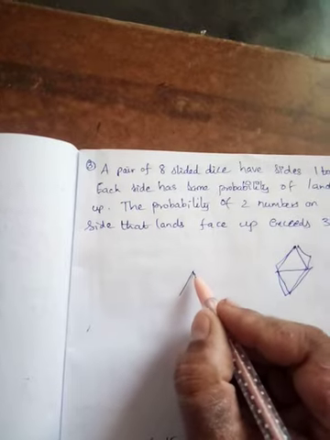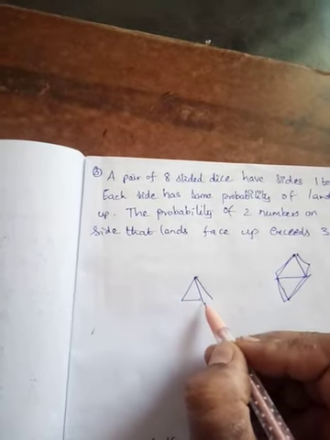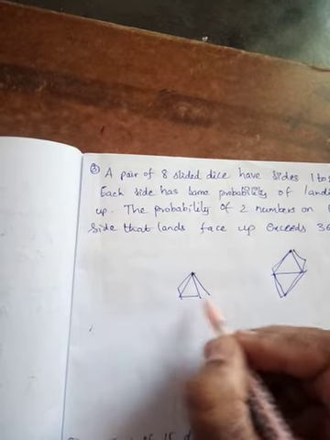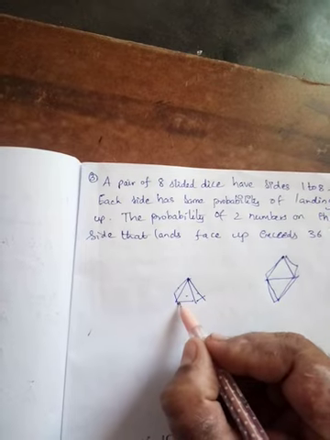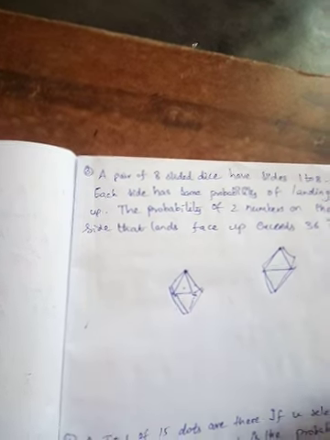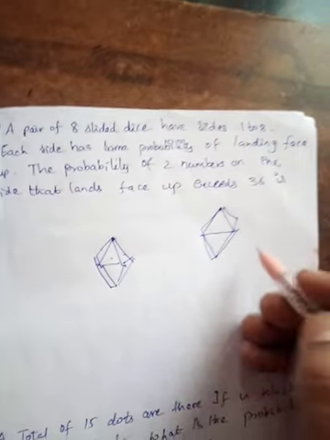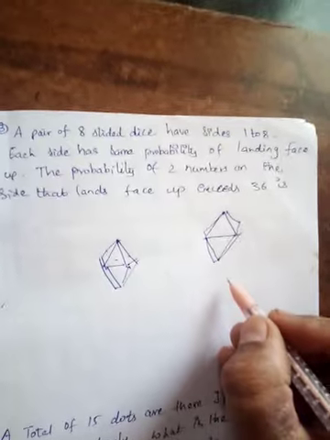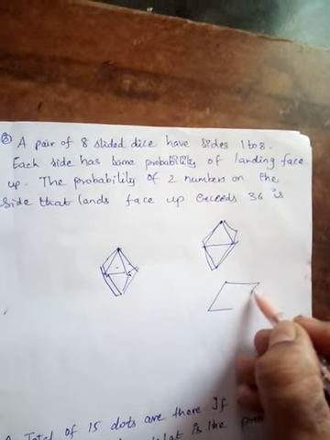One more I'm drawing for you. So 1, 2, 3 and 4. Down also we have the same 1, 2, 3 and 4. I'm not able to show it properly because it's two-dimensional. I will draw an open dice for you.